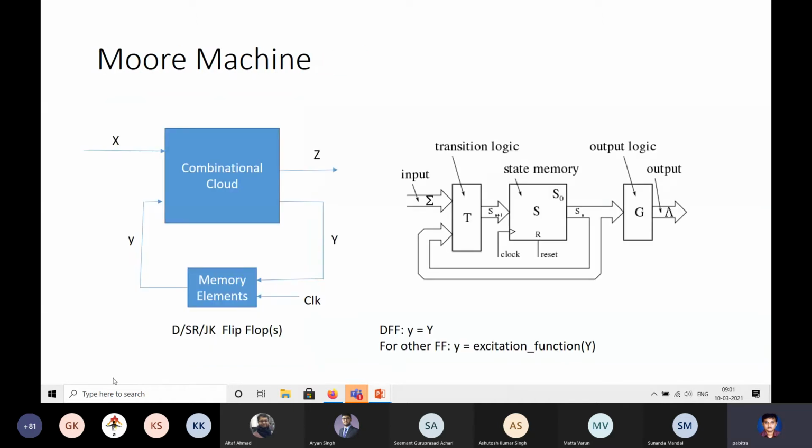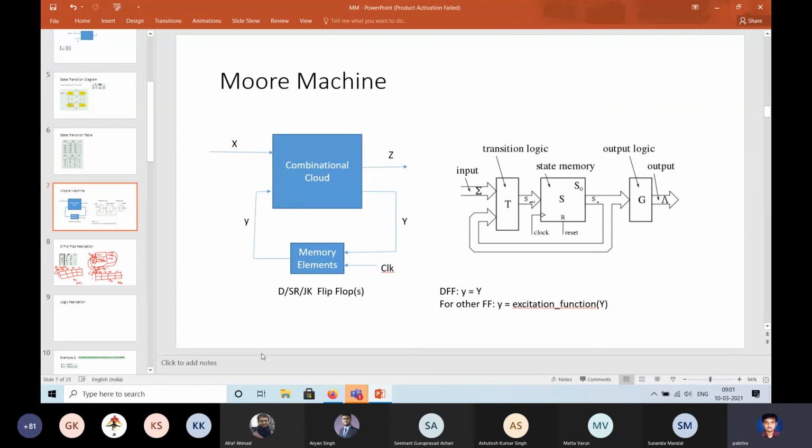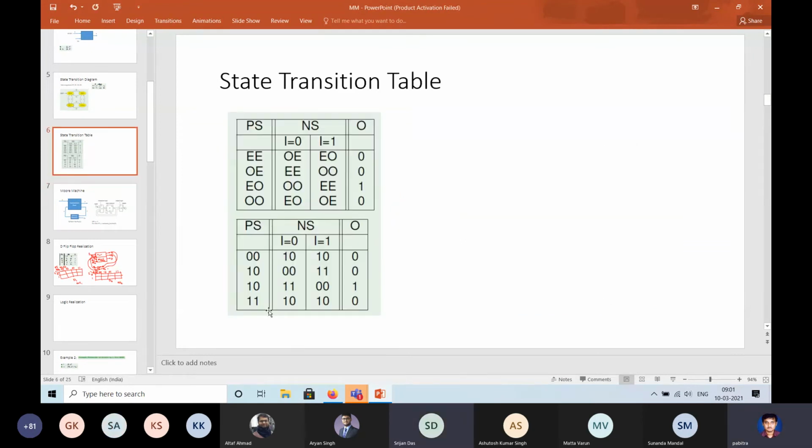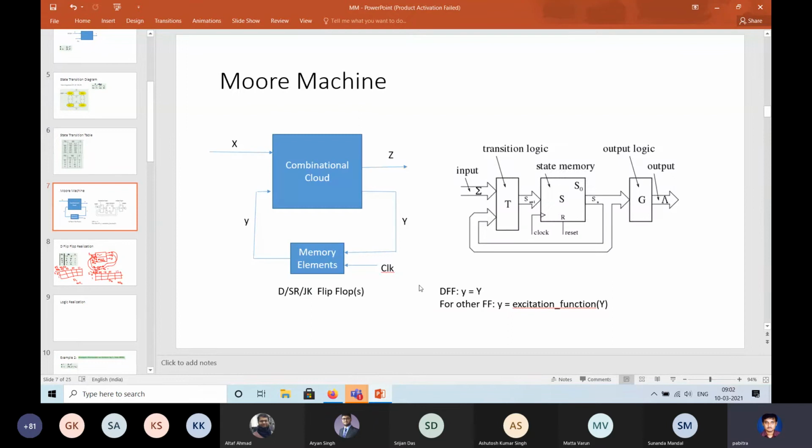Sir, third row should be 0, 1. Yeah, the third row is 0, 1. And are these correct? Yeah, these are correct. The new states are correct. Very good.